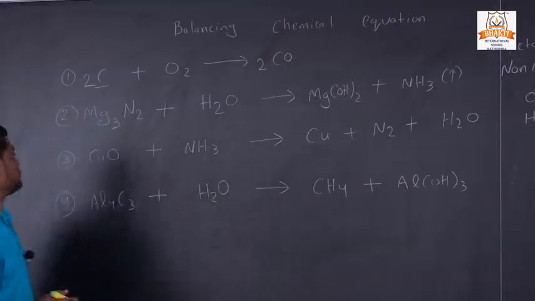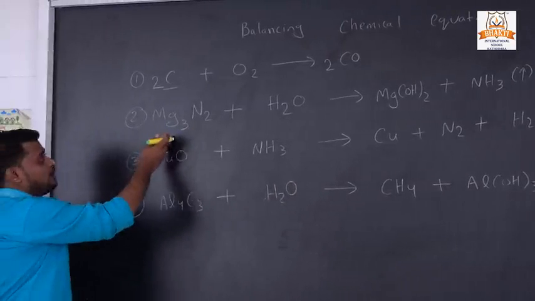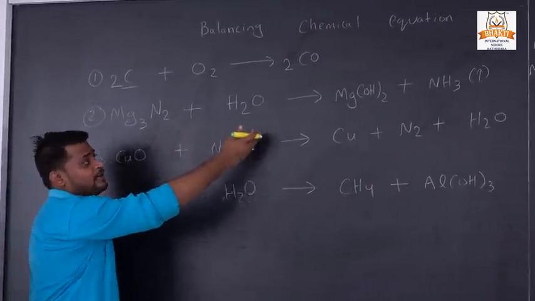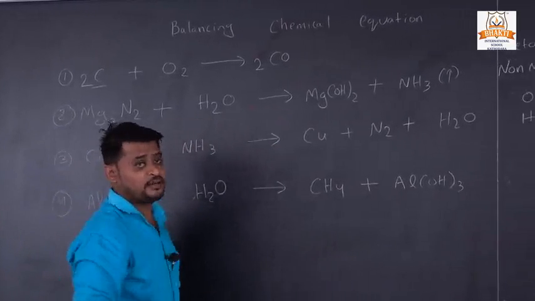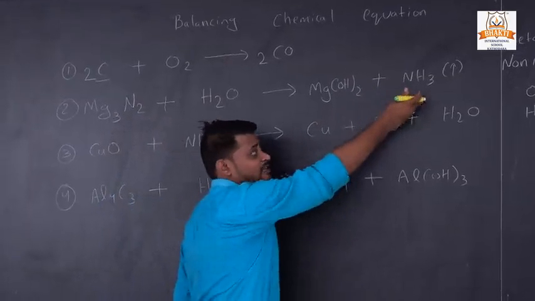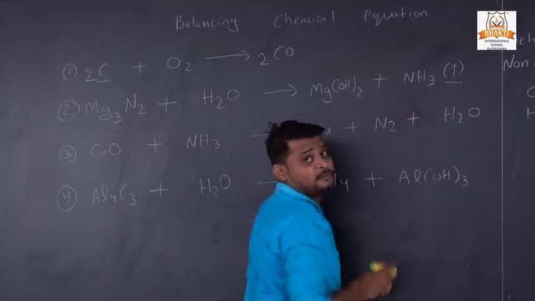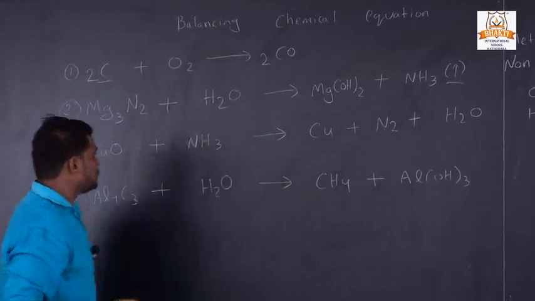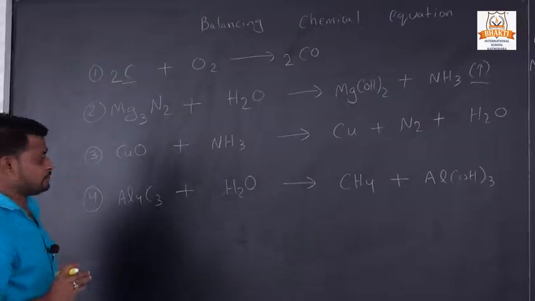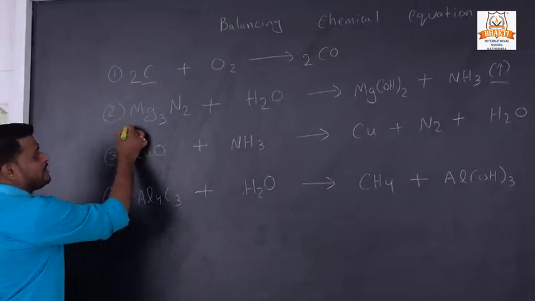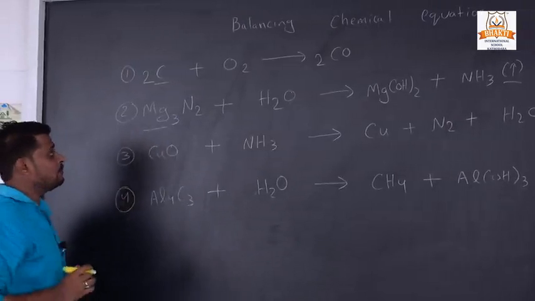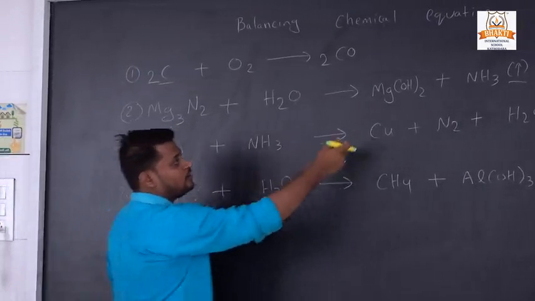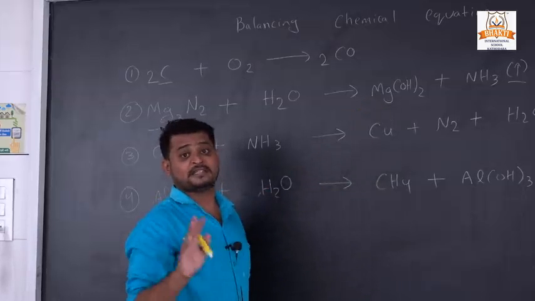Let's take the next example. Here magnesium nitrate reacts with water. It gives us magnesium hydroxide and ammonia gas, which is liberated. It's the symbol of liberation, meaning ammonia gas was released. Now we will check metal first. Here the metal is magnesium, and the number of magnesium atoms is 3 here and 1 here, so magnesium is unbalanced.